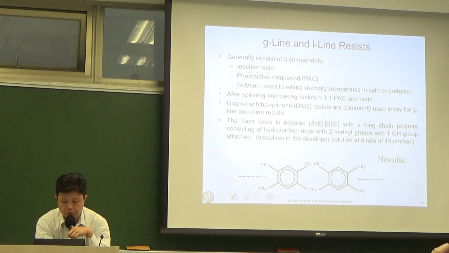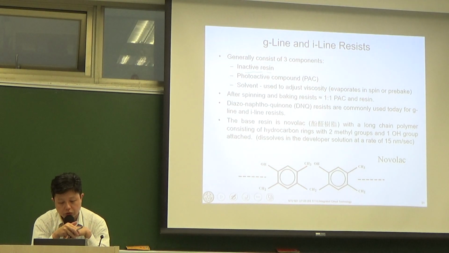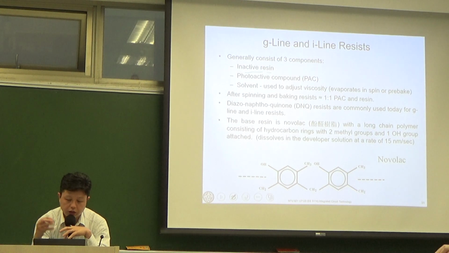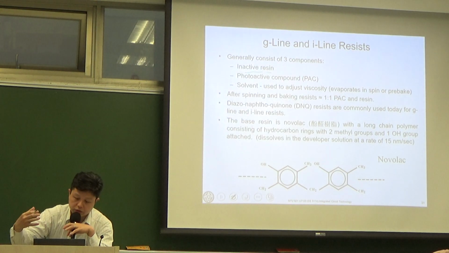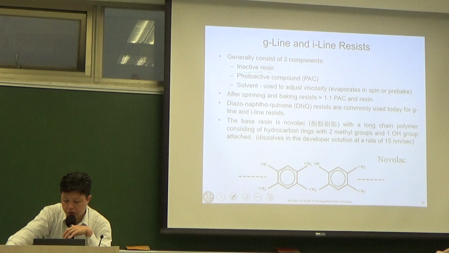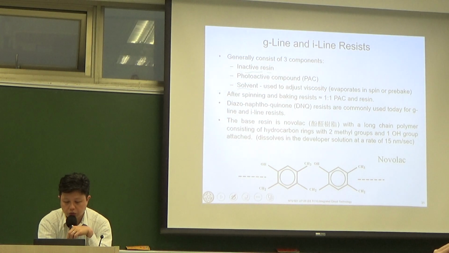The second part is the photoactive compound, which functions as the component that can react with your photon. So we need to have this photoactive compound attached on your basic resin, on your basic chemicals. And the third one is the solvent, which you use to adjust your viscosity.